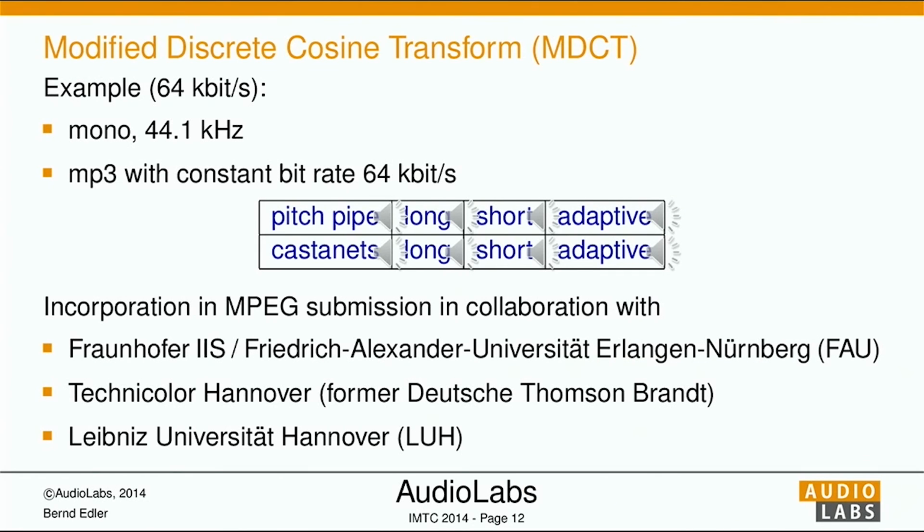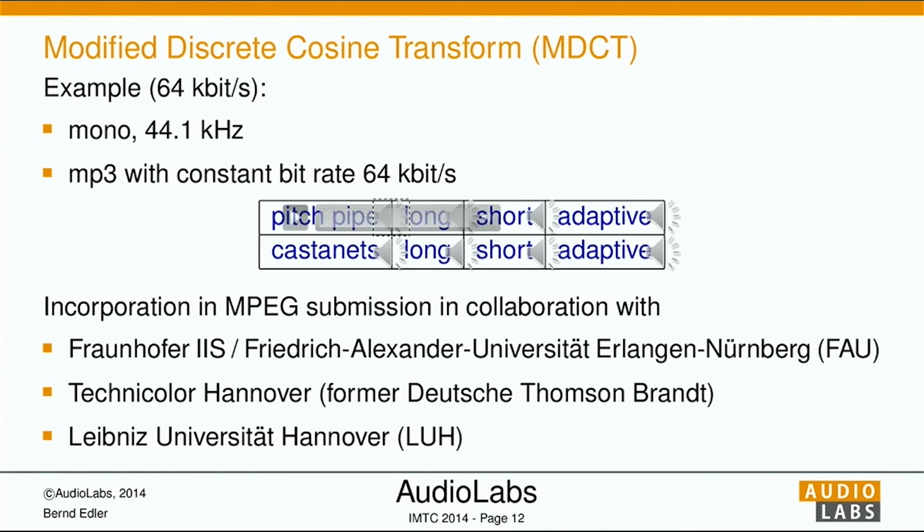Let's have a listen to an example of why window shape and frame size matters with this video clip. But now we come to the castanets, which are very strong temporal structure. And if you use the long blocks here, I don't know if you can hear it in this environment, but there's always a kind of pre-echo in the front of each of the clicks of the castanets.